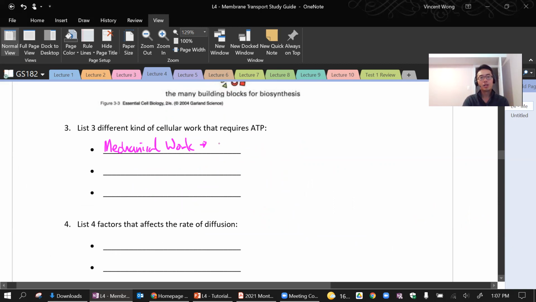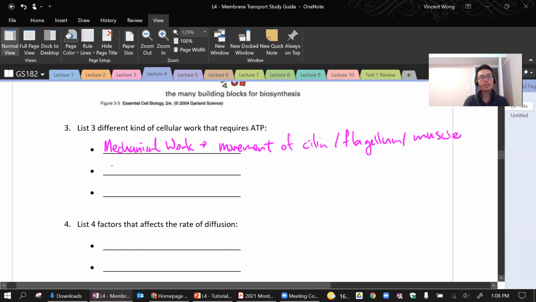Such as movement. Movement of cilia or flagellum, right? Or muscle. All those things. Anytime you move anything in the body, you're going to need to have ATP. So that's called mechanical work because you're physically moving something.